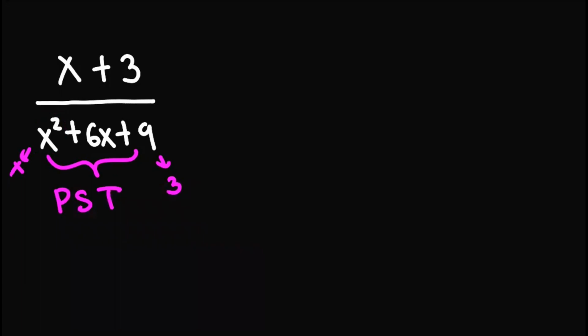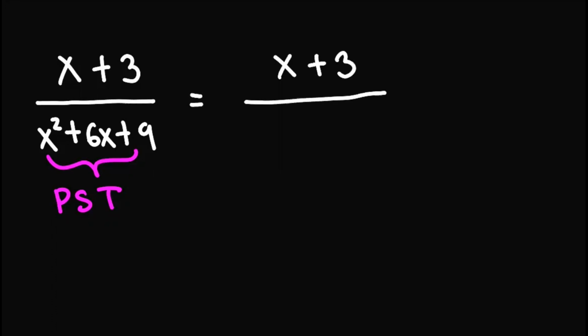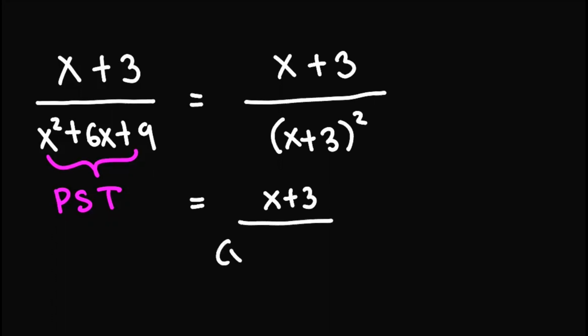With that in mind, we can write this one as x plus 3 all over, by the perfect square trinomial, x plus 3 squared. And we can write this as x plus 3 all over x plus 3 times x plus 3.